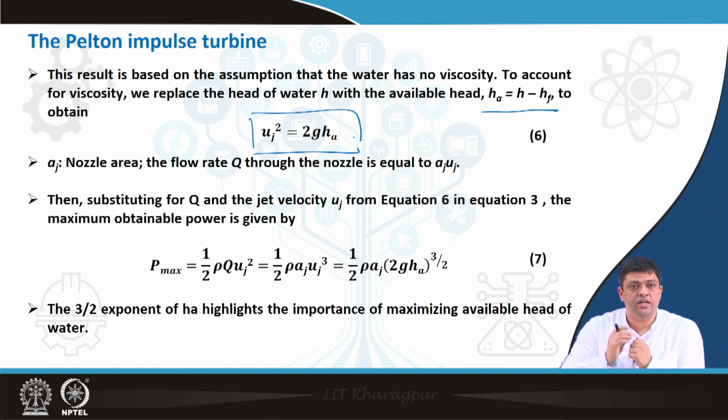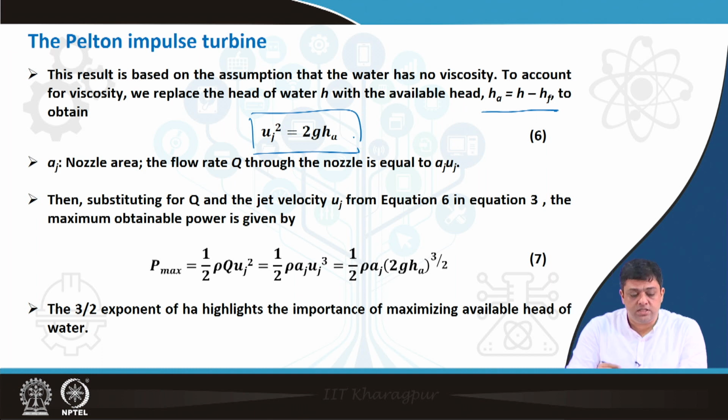Now, let us consider that A j is the nozzle area, while the flow rate Q through the nozzle is equal to A j U j.